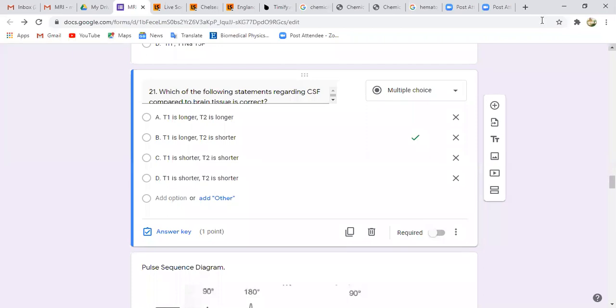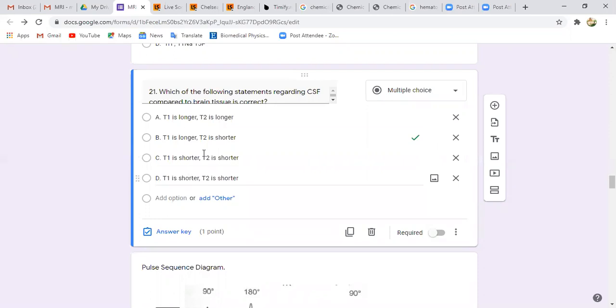We encountered CSF the other time, and of course it had a longer T2, which is correct. Look at A and B: T1 is longer, T2 is shorter.